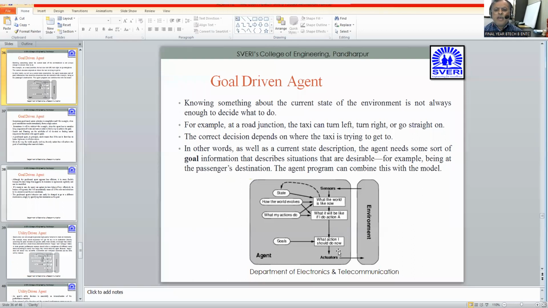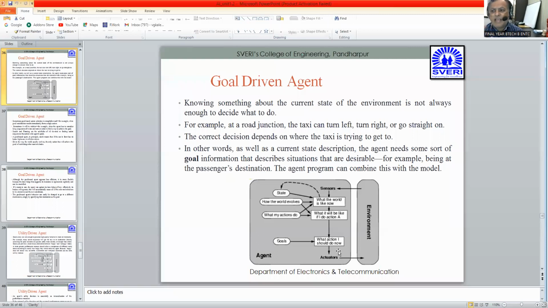Then it will also have how the world evolves. All this information will be there. Then how the world evolves and what my actions do. All these things are correlated with what the world is like now and what it will be like if I do action A. So what is the situation first and what it will look like if I do a kind of action. I hope you are understanding.